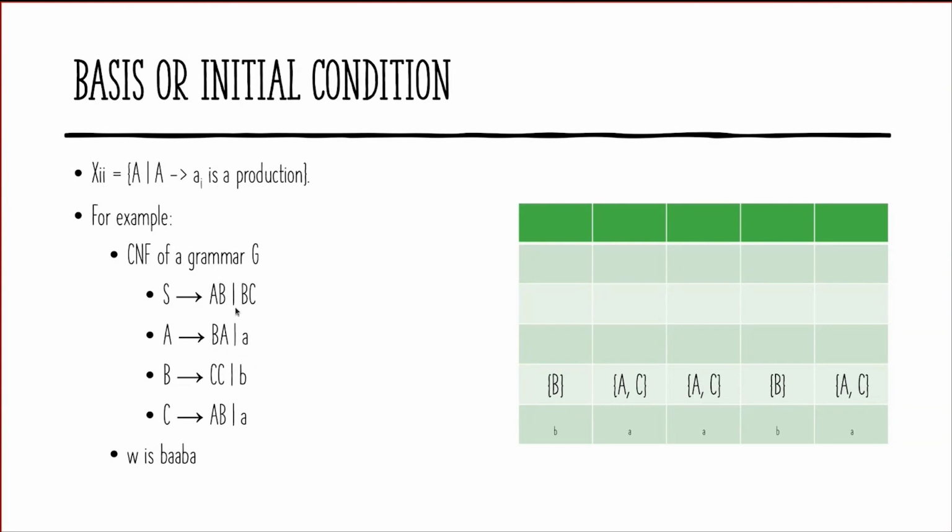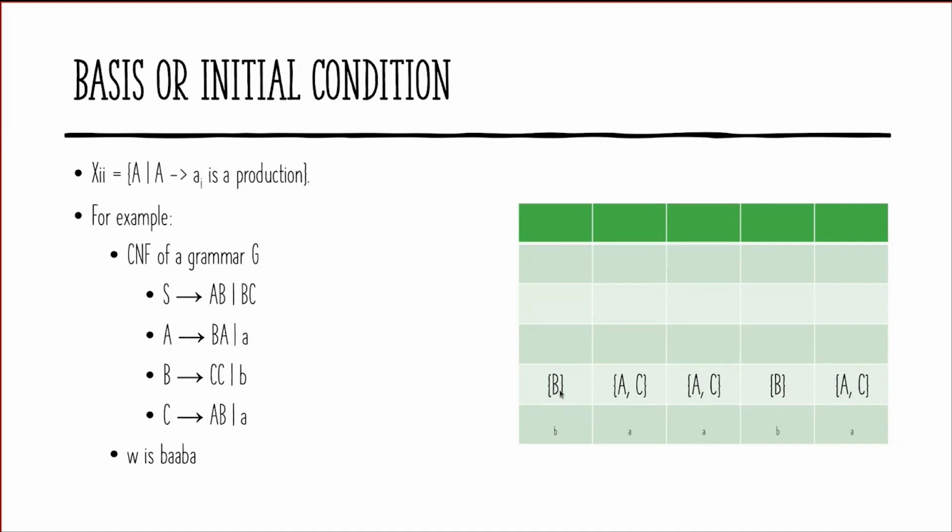So to find the answer for a length one string, that is Xii, we have to find the rules of the form A goes to ai, where ai is the ith letter of the given string. If I have a rule A goes to ai for some variable A, then my variable A will be in the set Xii. In this case, B can be generated using this rule only, B goes to b.